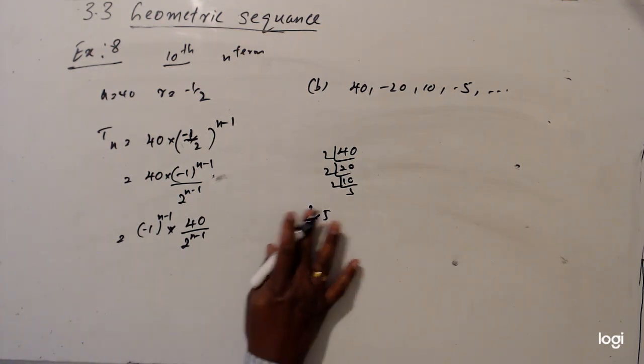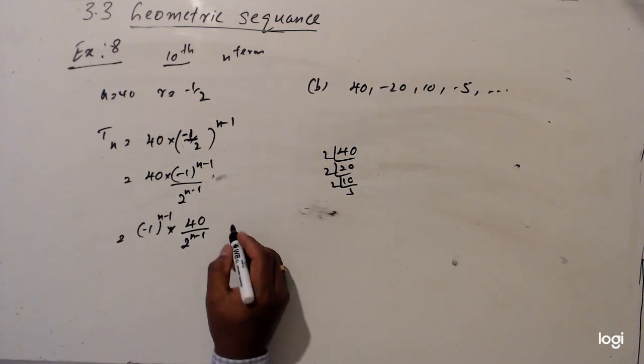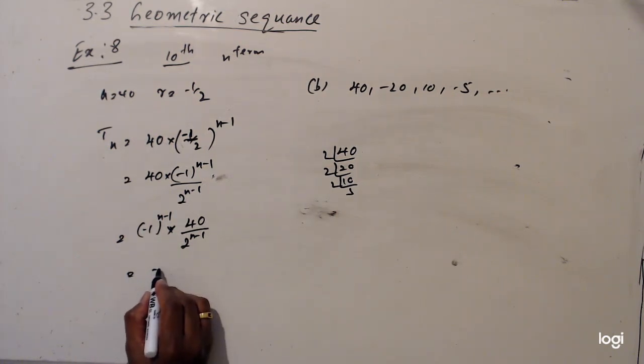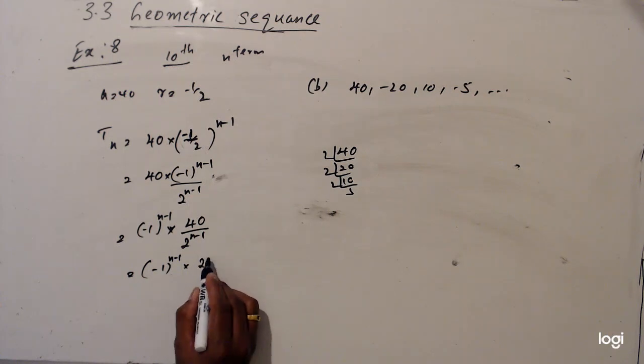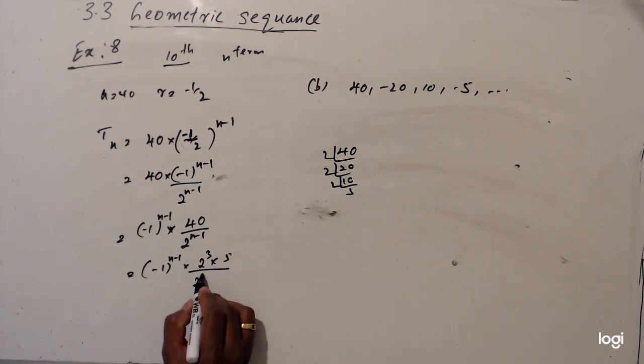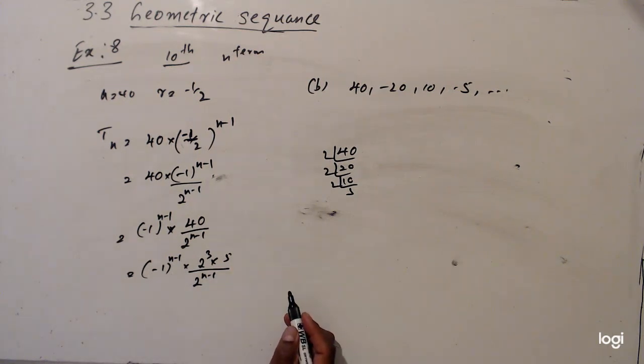So we can write minus 1 to the power n minus 1, 2 to the power 3 times 5 over 2 to the power n minus 1.